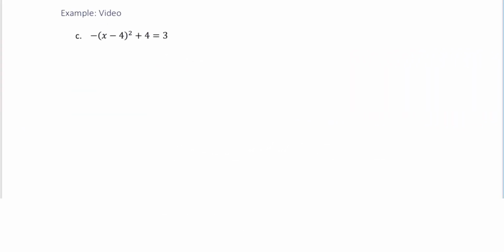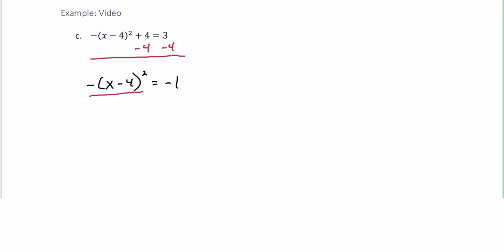In this example, notice that the squared quantity is not by itself. The first thing we need to do is subtract 4 on both sides. Negative x minus 4 squared equals negative 1. The squared part is still not by itself. Notice that negative on the outside.